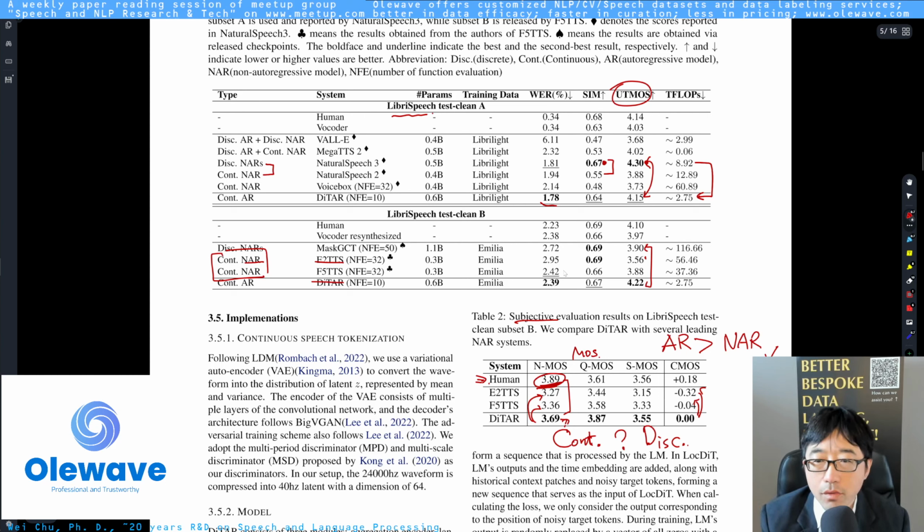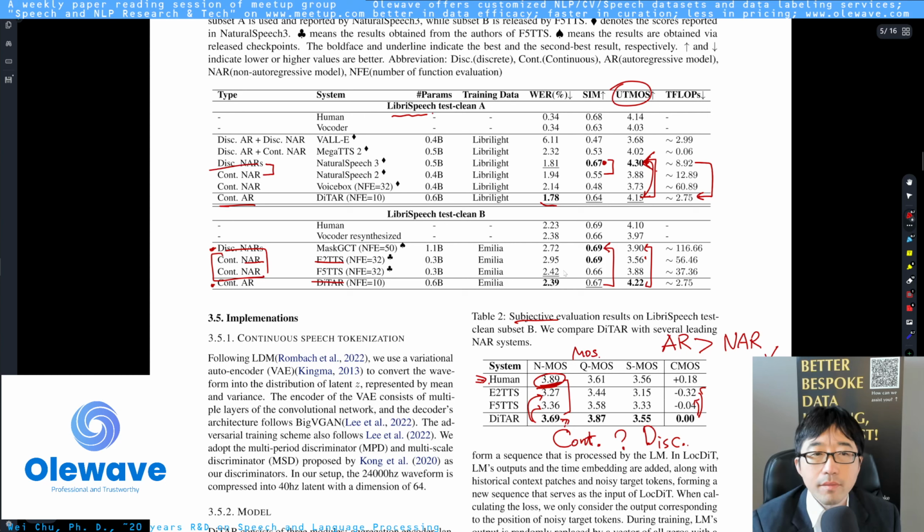Because if you look at this, the discretized NAR is doing better than the continuous AR or the proposed method in terms of SIM score. And also for test clean A, the discretized NAR, although it is the inferior system, which is NAR, but with the discretized speech token, they can get better UTMOS than the continuous AR, right?